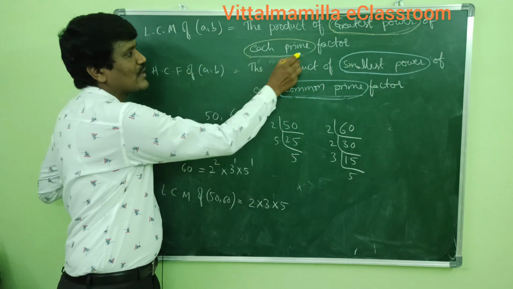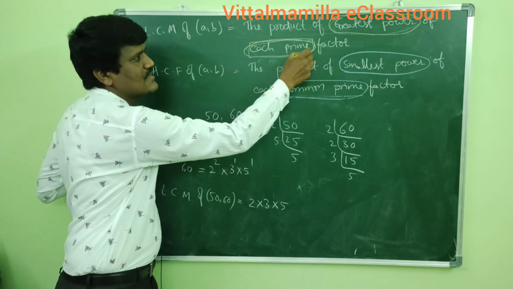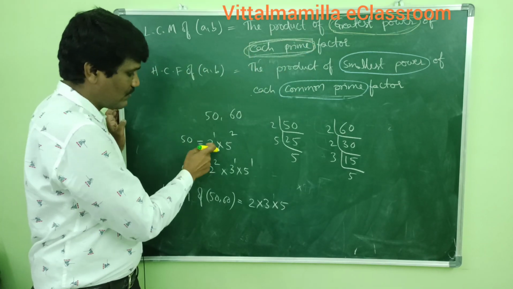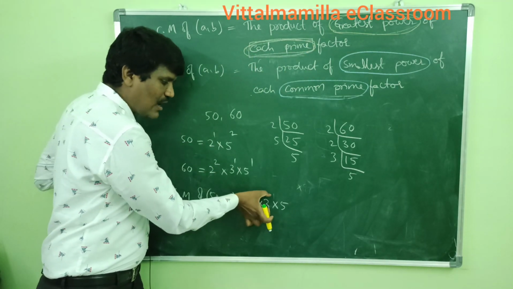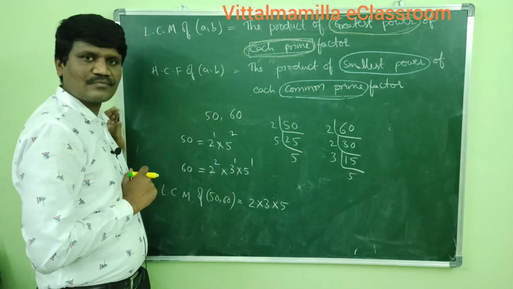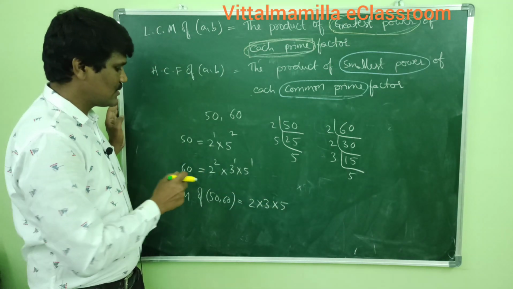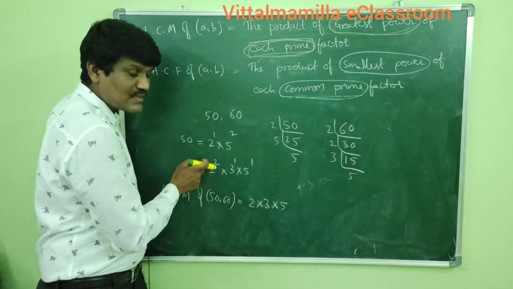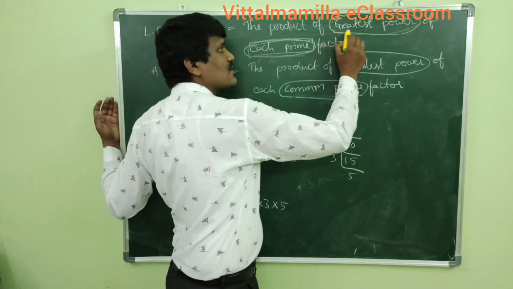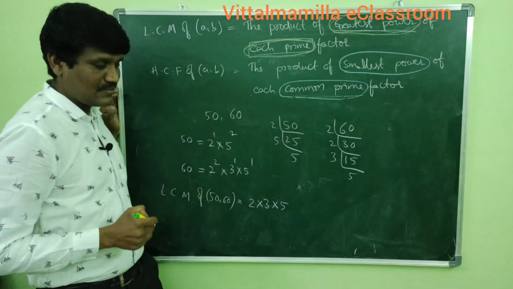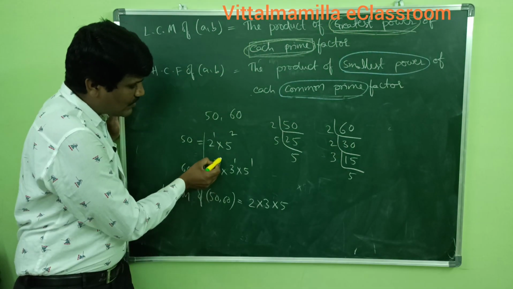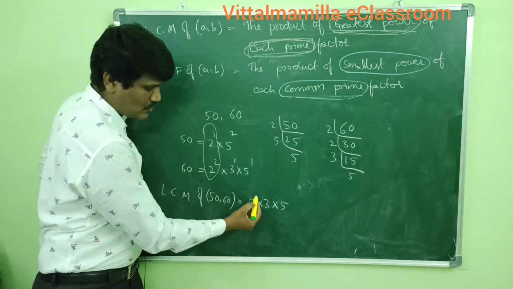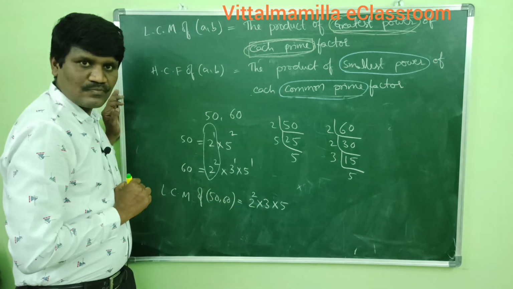Because you should write each and every prime available in the prime factorization, the product of all the prime numbers. Now consider from these two whichever is the greatest. The second condition is the greatest power for LCM. So from these two, what is the greatest one? 2. So write 2.